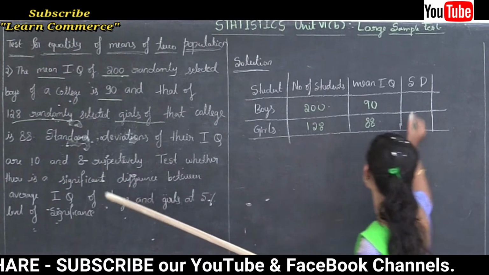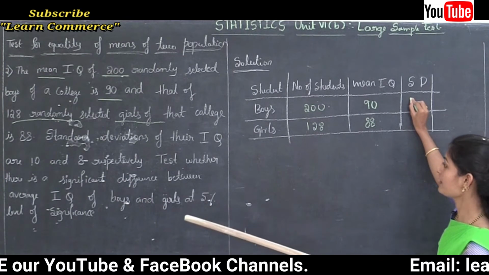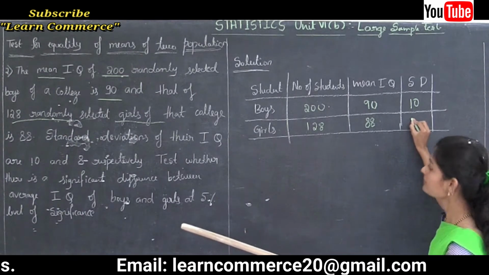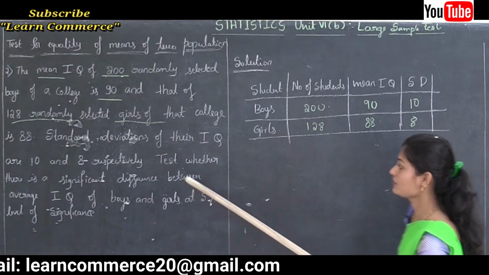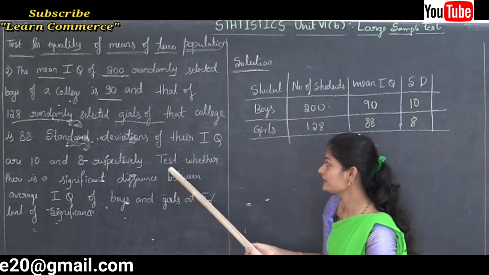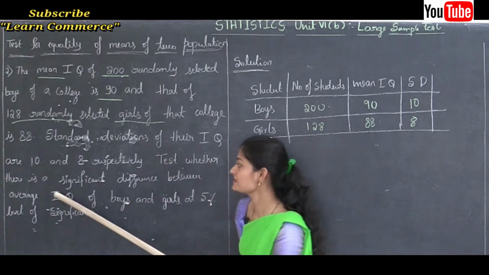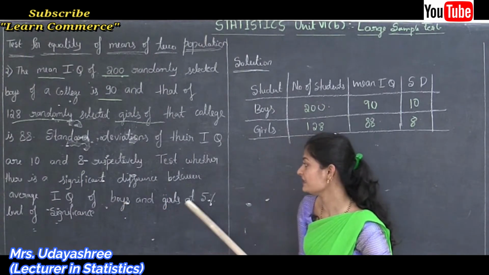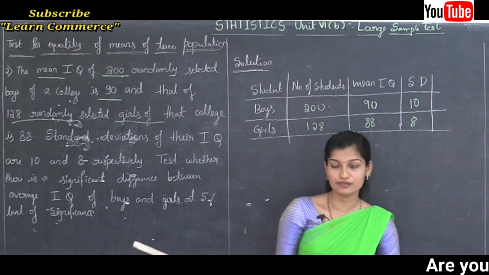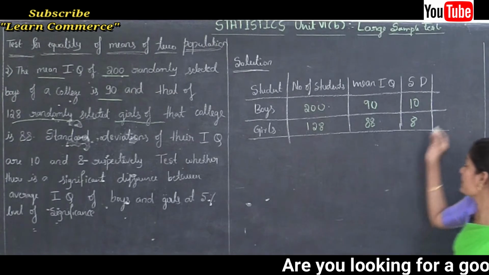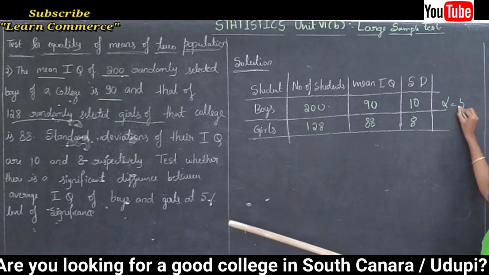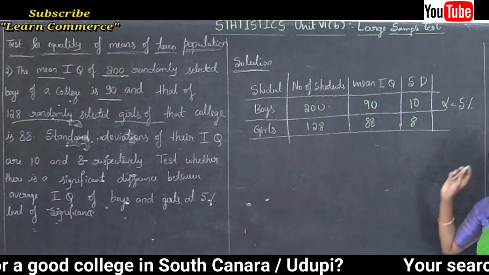So the boys' IQ standard deviation is 10 and the girls' IQ standard deviation is 8. Next, what we need to test here: whether there is a significant difference between average IQs of boys and girls at 5% level of significance. The level of significance is denoted by alpha, and 5% means alpha is 5%.